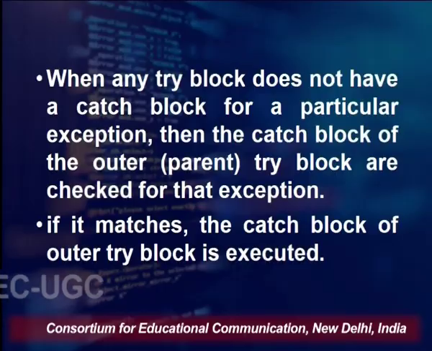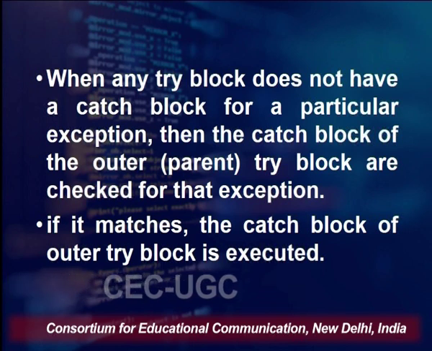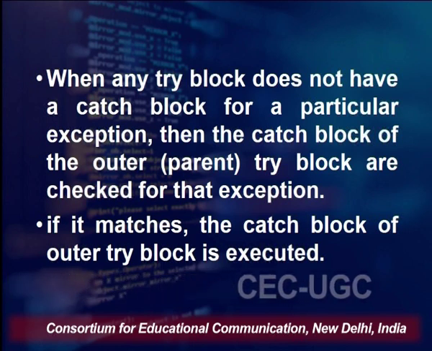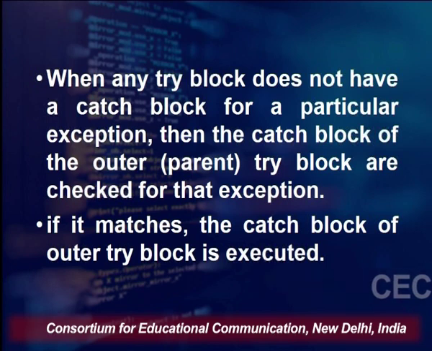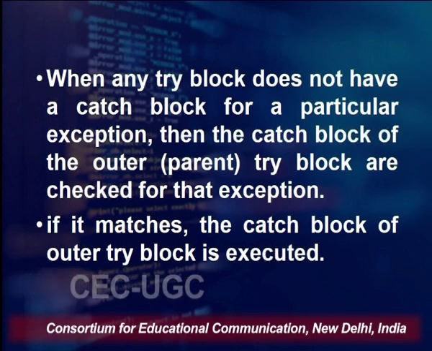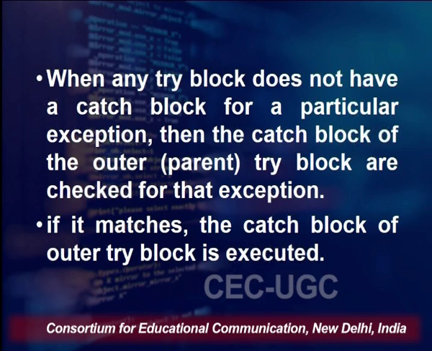And here, when any try block does not have a catch block for a particular exception, the system ensures that the catch block of the outer or parent try block is checked for that exception.